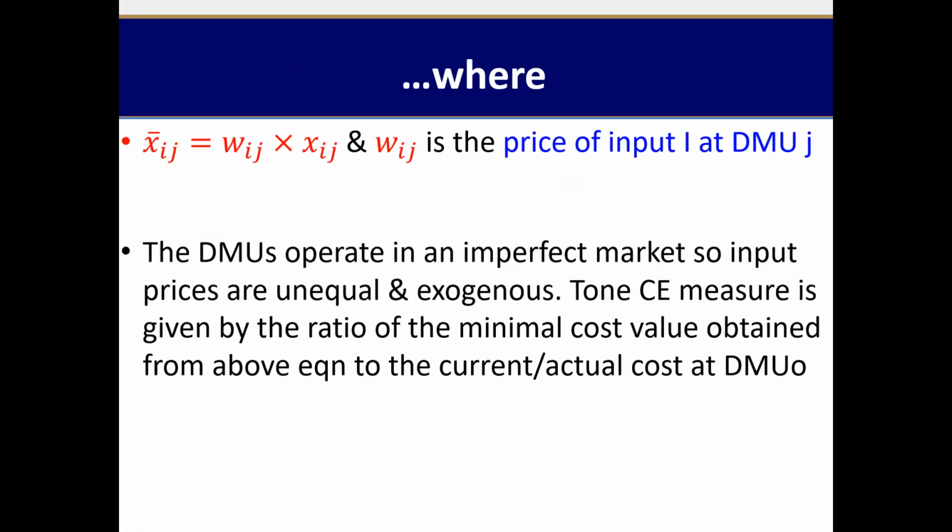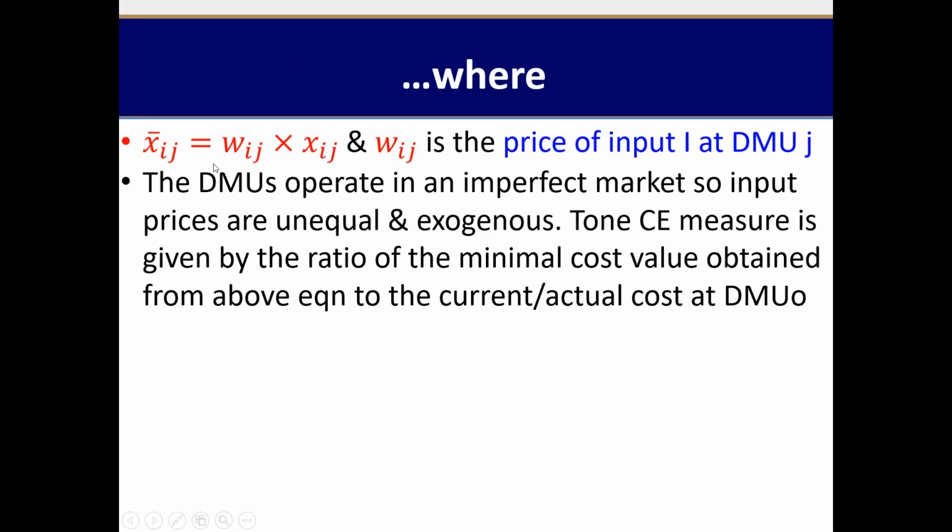So when I talk about a particular input, the bar means I'm not talking about just the input, I'm talking about the value of the input, not the nominal value, but the real value of the input. When you look at the W and the X, they are nominal terms. So the X here that you are seeing can be anything.